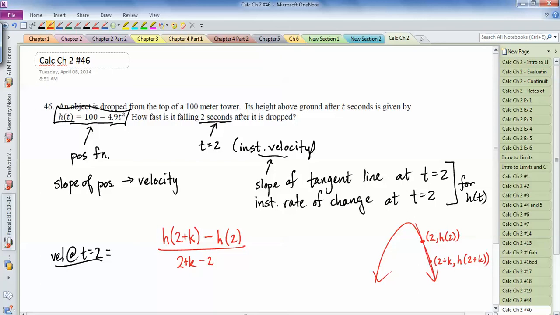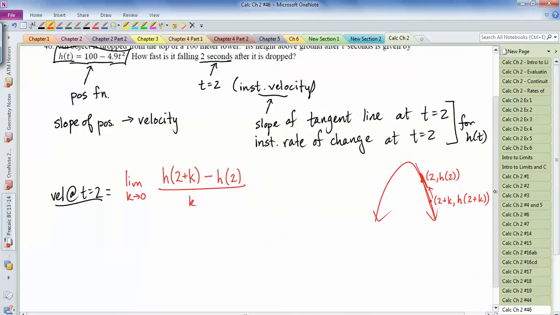But really what I want is just the slope at 2. So I'm going to move this point closer and closer that way, and the way to write that is to say let k go to 0 using a limit. And remember this bottom is always going to turn into just a single variable at the bottom. Normally it's an h, but since h is taken, we're writing k.